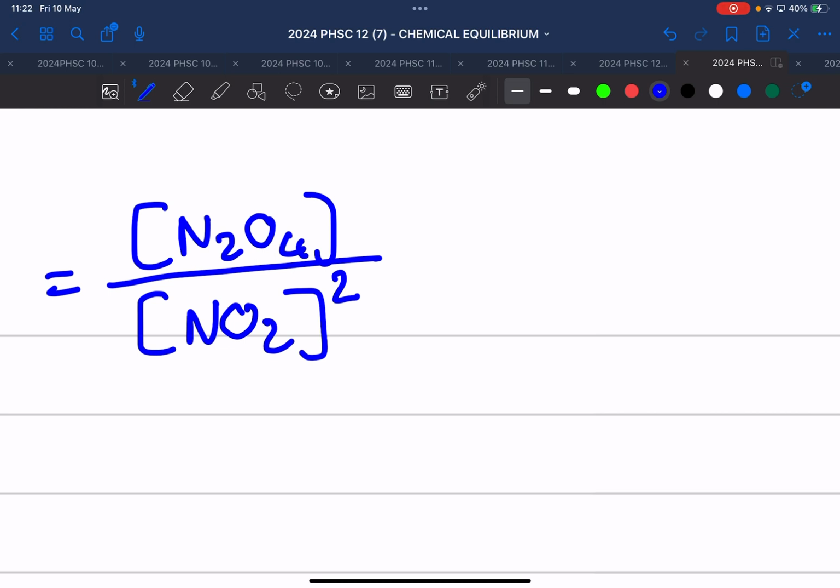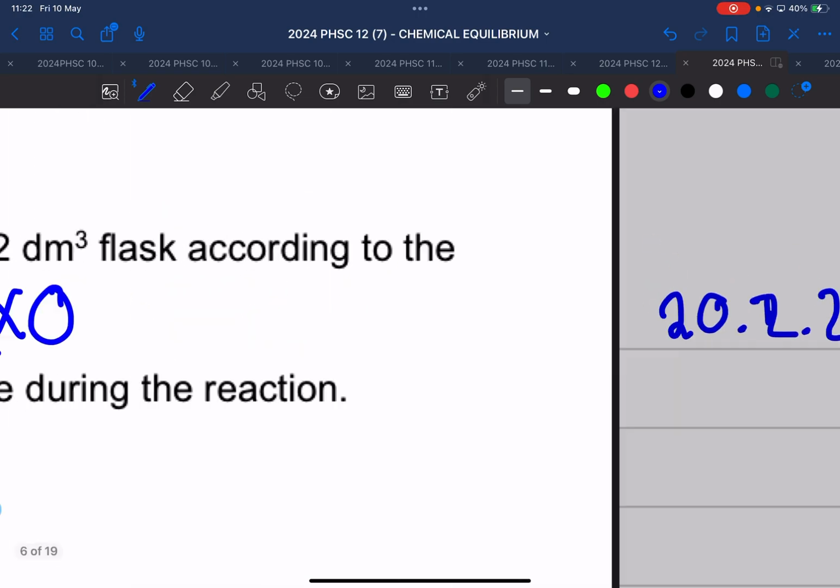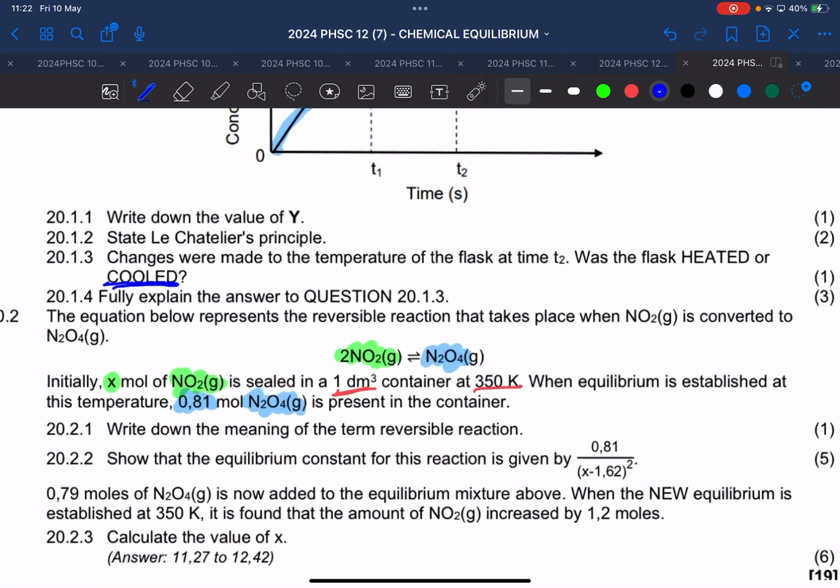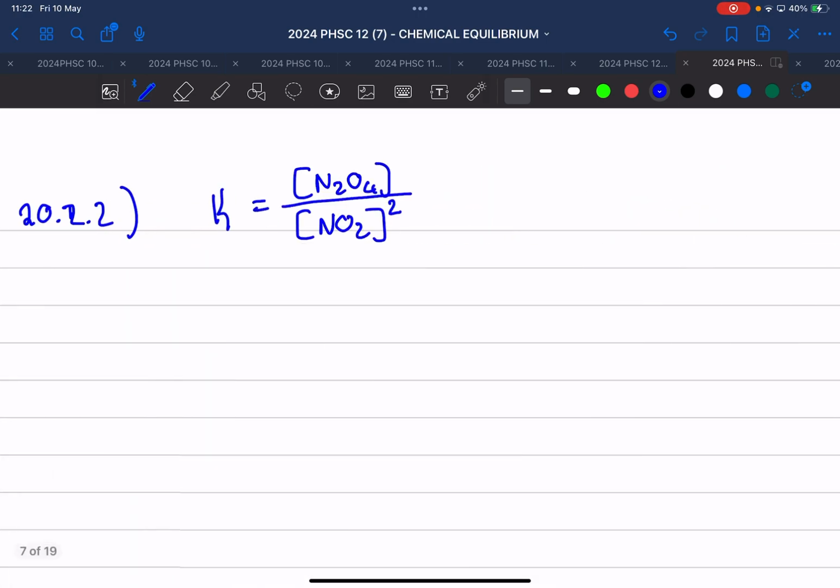Okay, so let's look at the question again. These concentrations, when are they measured? Because in a reaction the concentration changes. So when are these concentrations measured? What concentrations do we need to substitute in here? At equilibrium, right?